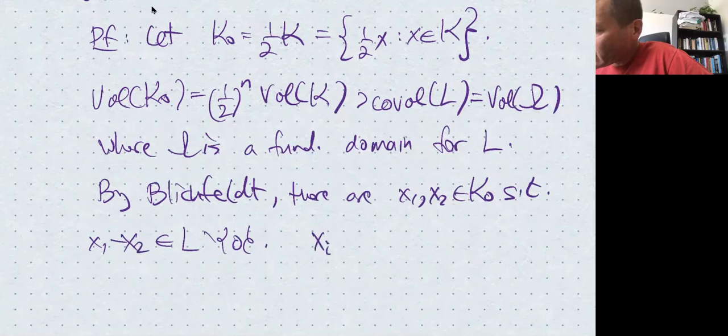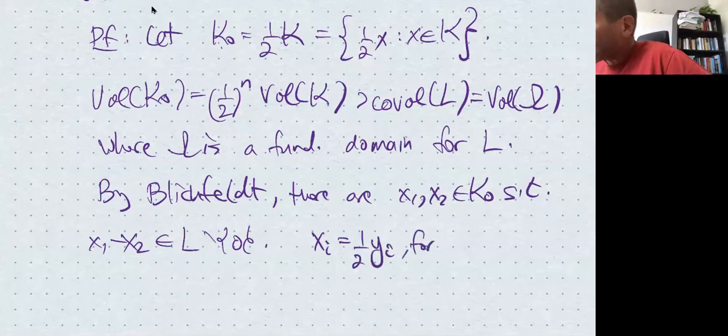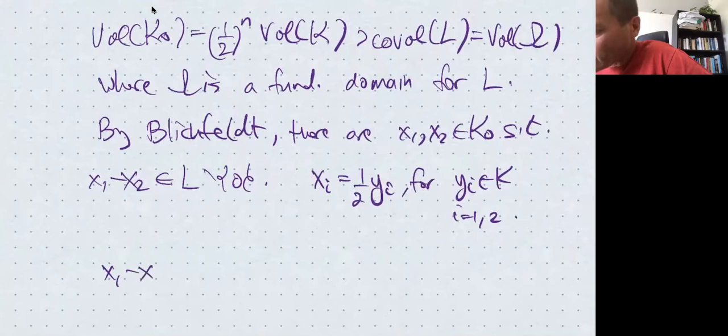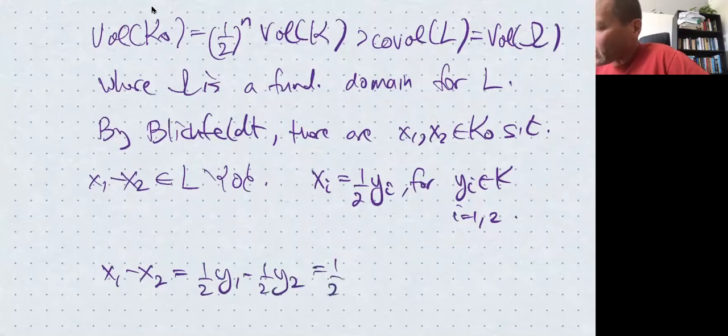Xi is in K0, which is 1/2 of K, so I can write xi as 1/2 of yi for yi in K. And then I get that x1 minus x2 is 1/2 y1 minus 1/2 y2, which is 1/2 y1 plus 1/2 negative y2.